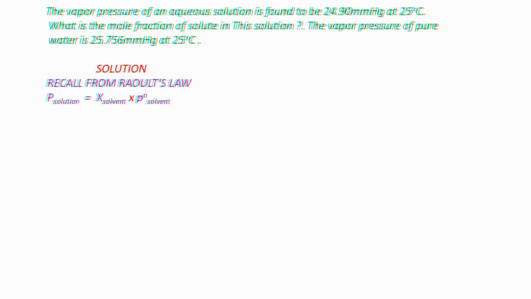The question has already told us that the vapor pressure of the aqueous solution is 24.90 millimeter of mercury. So that is our P solution, 24.90 millimeter of mercury. Now let's move ahead. At 25 degrees Celsius. This 25 degrees Celsius is telling us the temperature at which all these things are happening, where we can find all these parameters.